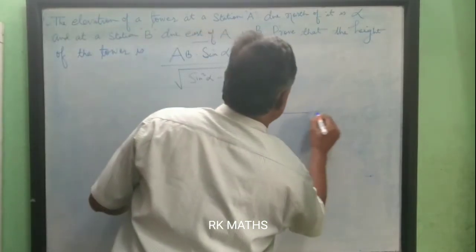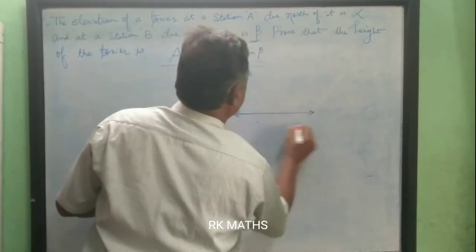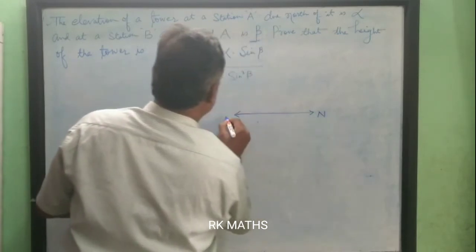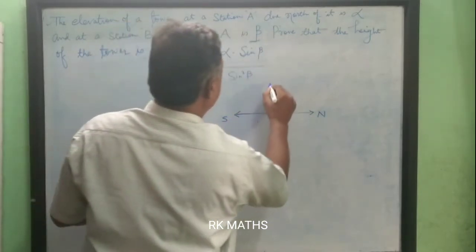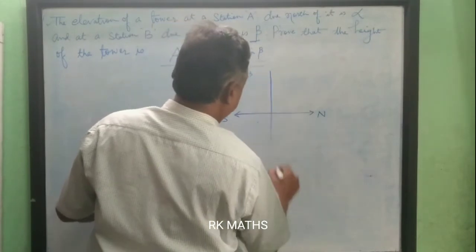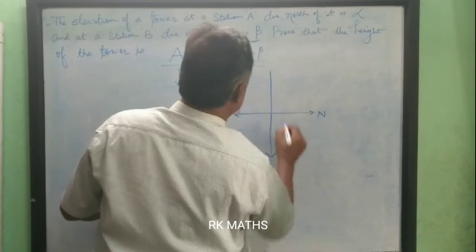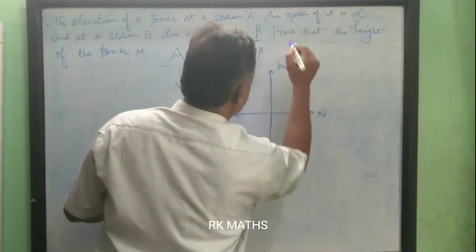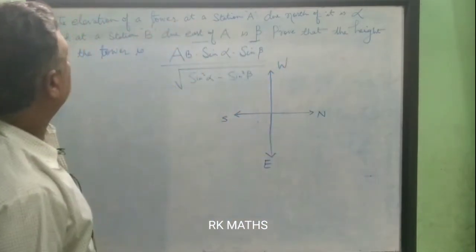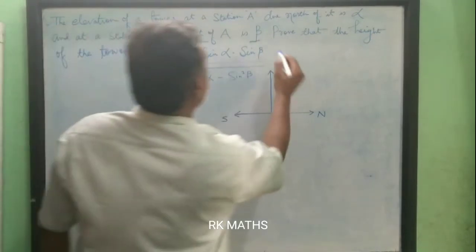So if this is north, then this is south, and this is east and this is west. Now tower is here.